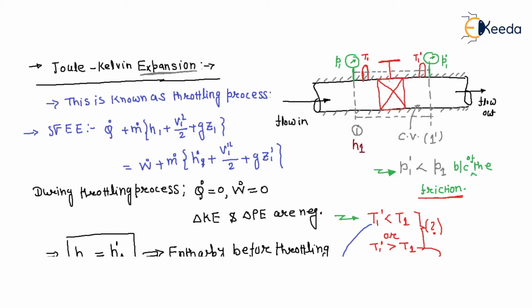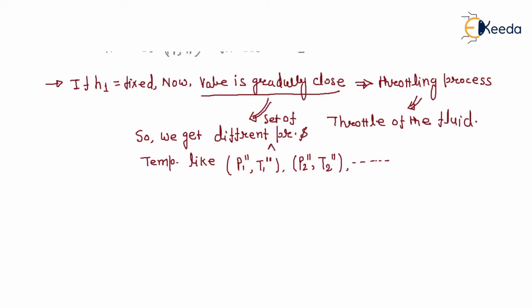Now if you regulate the valve, that means at H1, if you partially close the valve, gradually closing the valve, we measure T1 dash, P1 dash, T1 double dash, P1 double dash, T1 triple dash, P1 triple dash, a different set of pressure and temperature.